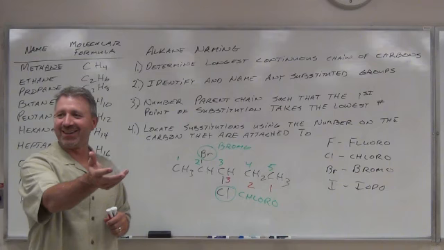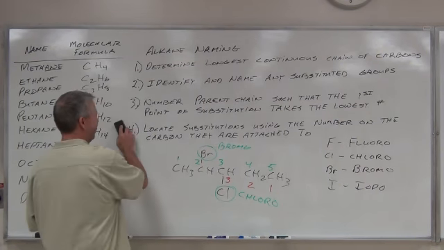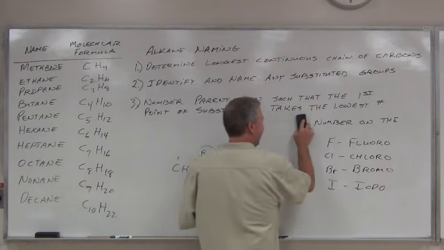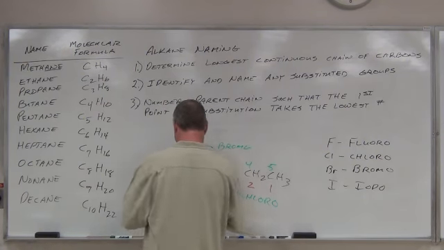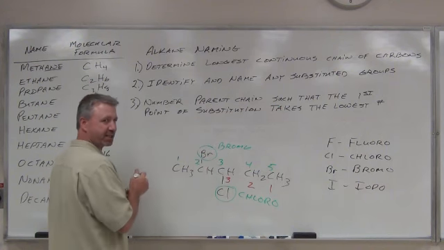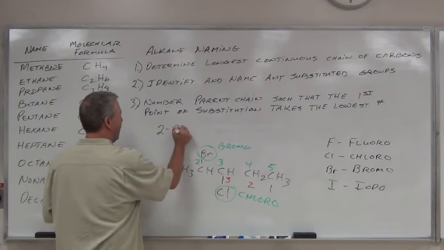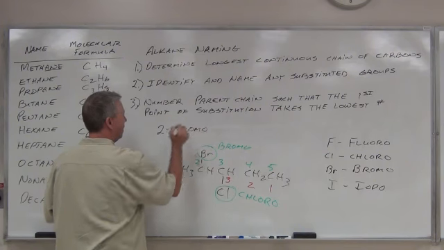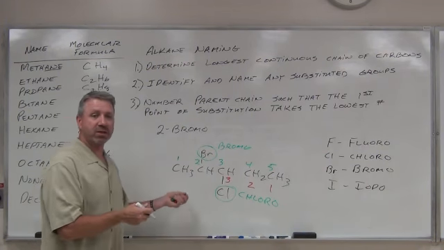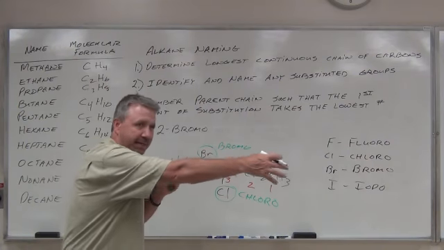Sounded like she's talking another language, didn't it? She almost is. Right, these are getting bigger now, so I'm going to have to clear out some room here. This is alphabetizing. Bromine's coming first. So I locate bromine. 2-bromo. I still have more substituted groups, so I can't just say pentane.